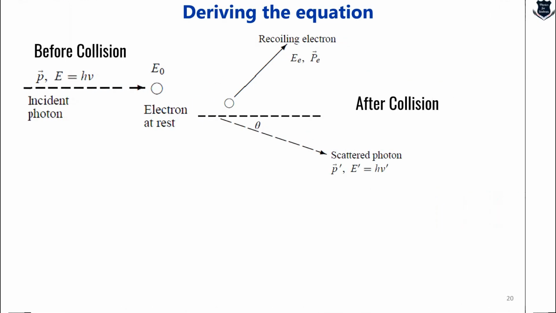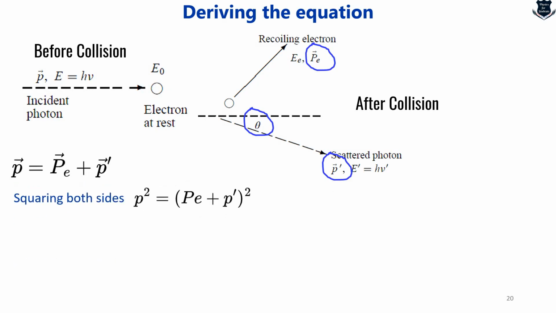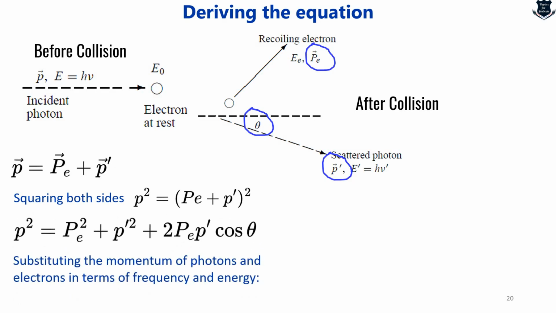Going back to the same figure, I have now highlighted the recoiling, scattered electron, and from here we get this. Squaring both sides, we get this value. I have omitted a few steps to make things easy.